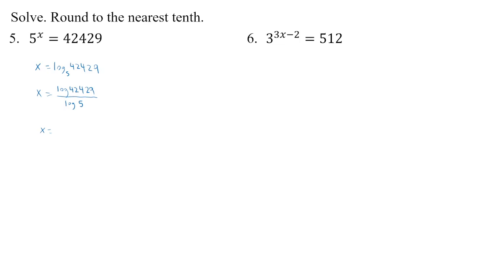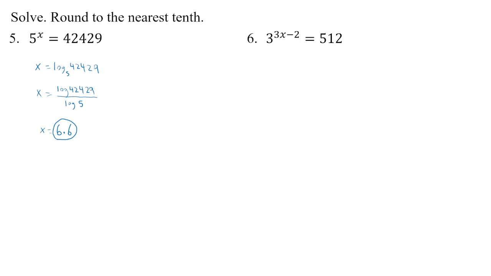So let's see. This is log of 42,429 divided by log of 5. And you will get about 6.6. They want you to round to the nearest tenth. Therefore, the solution is 6.6.